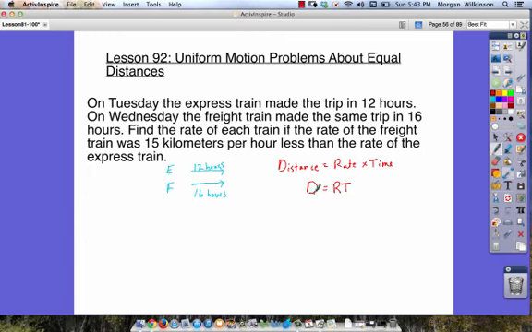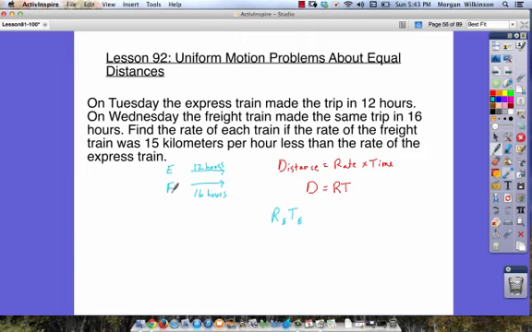Now, the key step to this problem is to do this. We know that the distance of the express train is going to equal the rate of the express train times the time of the express train.